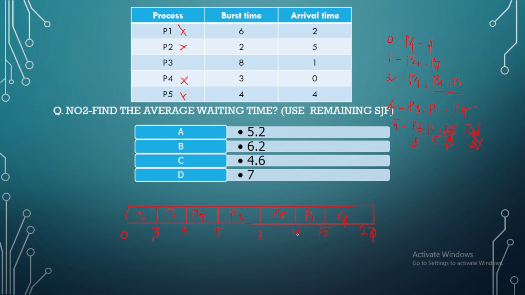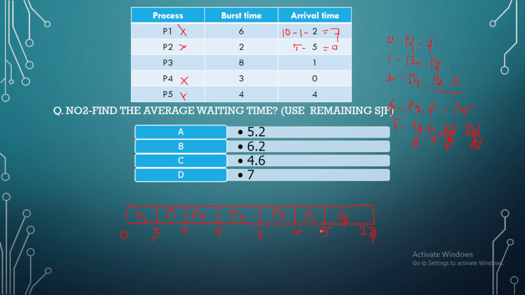P1's final execution time starts at 10. Within that, process 1 also ran for 1 second, so 10 minus 1 minus the arrival time 2 gives you 7. This is the waiting time of process 1. Then process 2's final execution time is 5, and its arrival time is also 5, so 0.